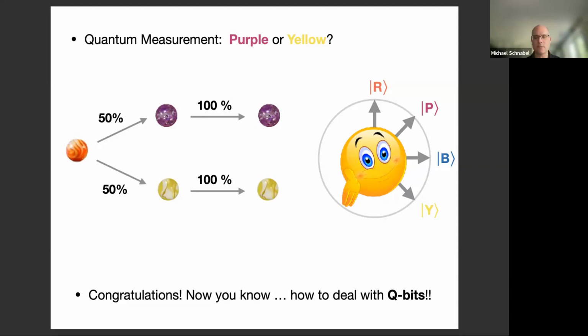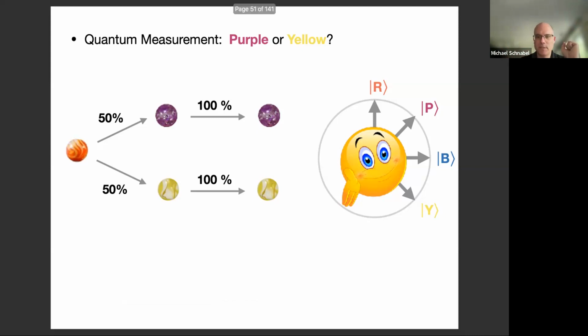Before it was in the superposition, we always need to talk about relative to a given frame of reference, and the frame of reference is always defined by what we measure. So here, if I measure now the quantum red regarding the purple and yellow frame, this is orthogonal. If I obtain purple, then the red becomes purple, so it collapses.